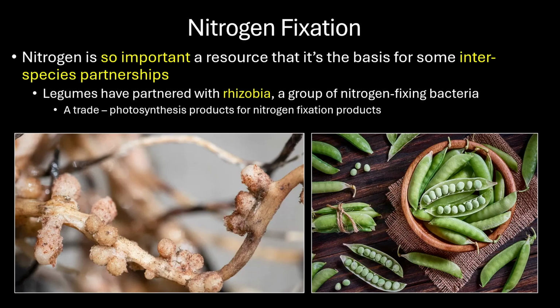Legumes, these are plants, they are photosynthetic, they make sugars, glucose. Those are things that the rhizobia cannot readily make. The rhizobia are nitrogen fixers. They make ammonia that the legumes cannot readily make. So they trade with each other happily to essentially get the best of both worlds.